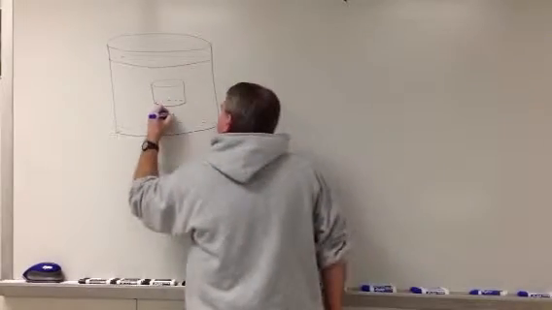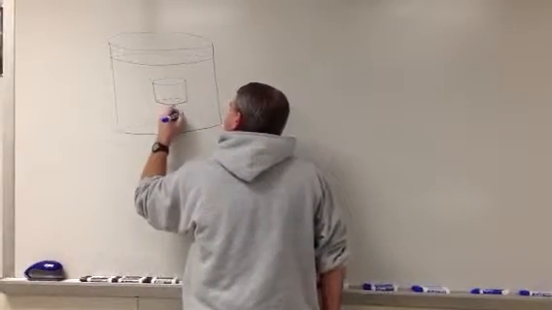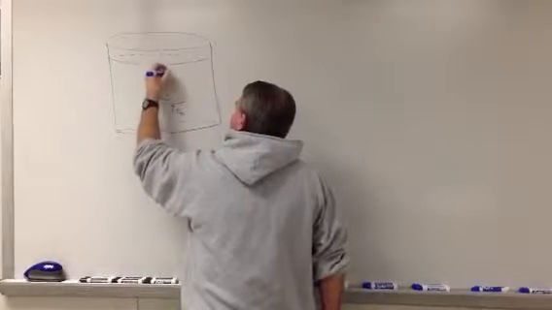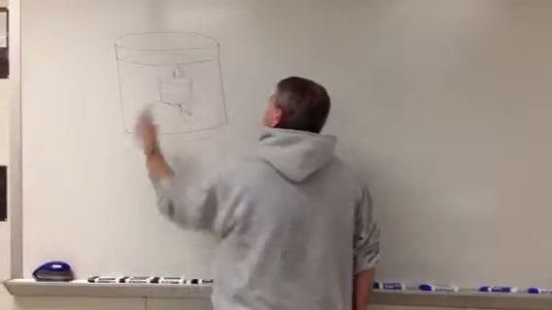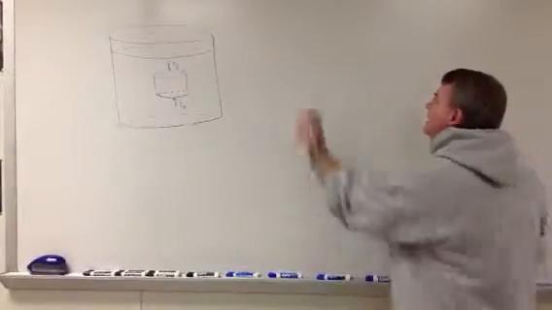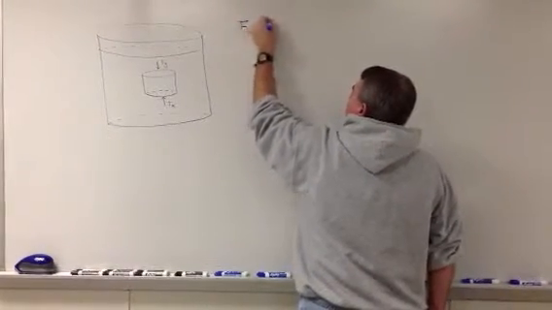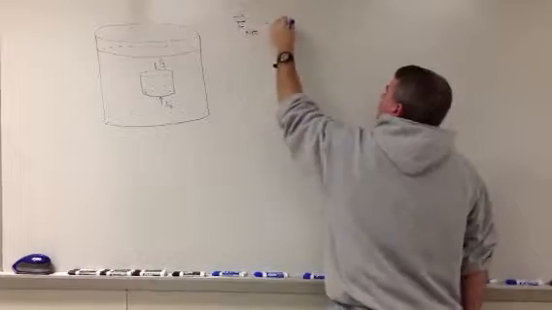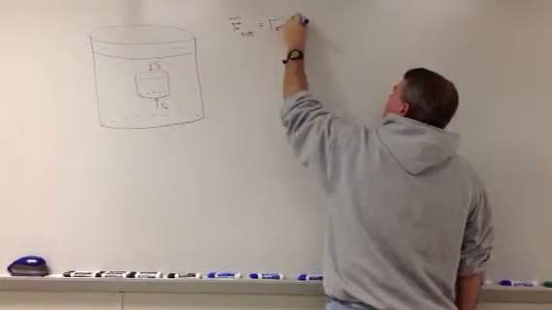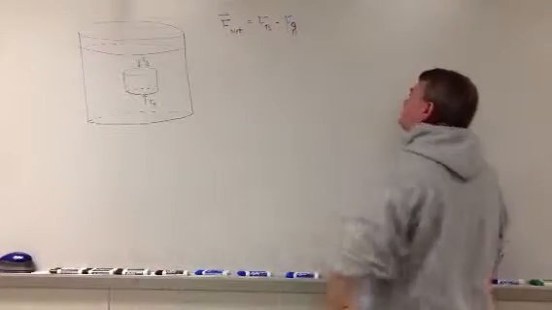So you basically have the buoyant force, F sub B, acting in the upward direction, and the gravitational force acting in the downward direction. The net force, F sub net, is equal to the buoyant force minus the gravitational force.